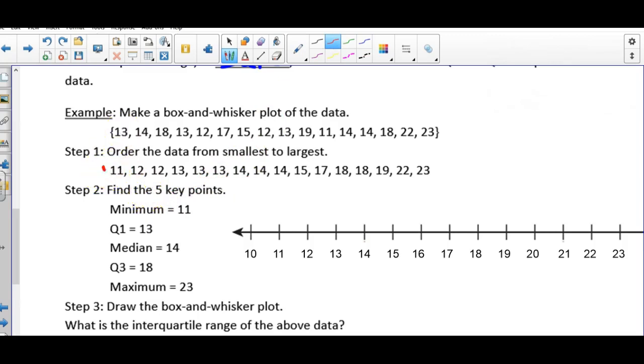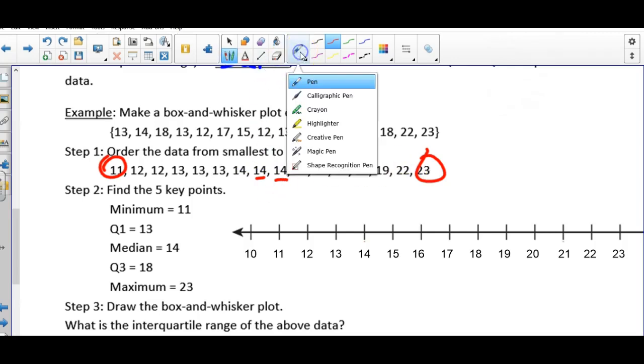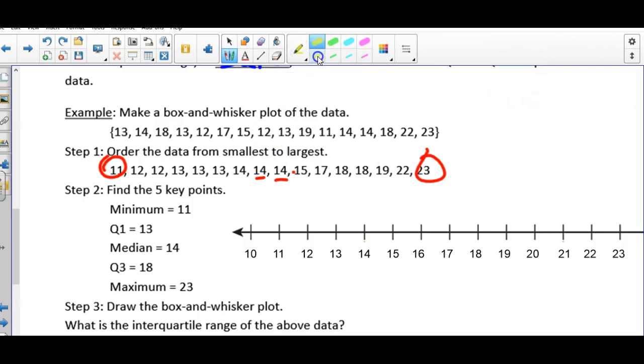Here's your minimum, here's your maximum. Now for the median, find the halfway point. There's 16 items, so 1, 2, 3, 4, 5, 6, 7, 8. And then 8 from this way will be this number right here. So these are your medians, 14 and 14.